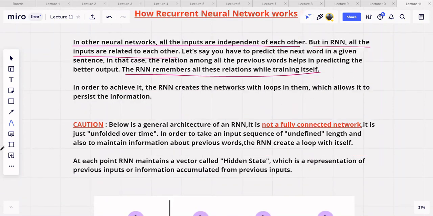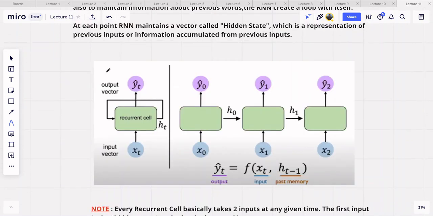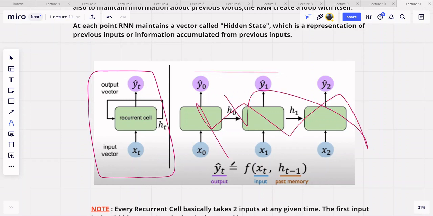Now, in order to achieve this, an RNN creates a loop with itself. This loop allows the RNN to maintain information. This is how our recurrent neural network looks like.